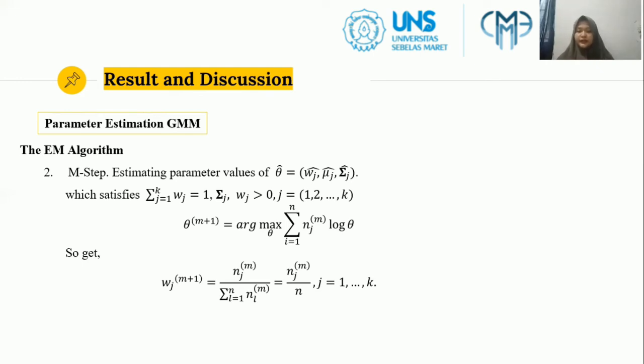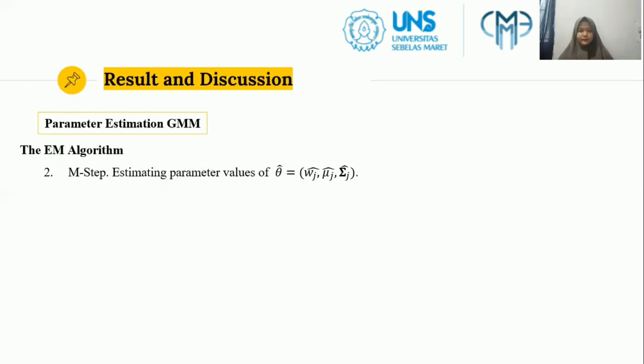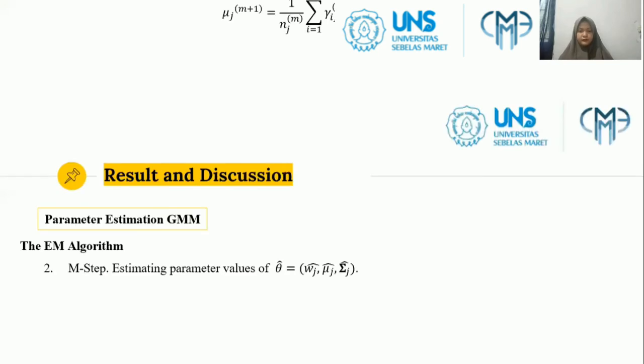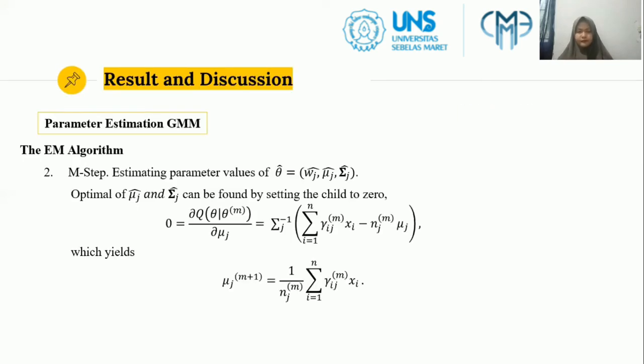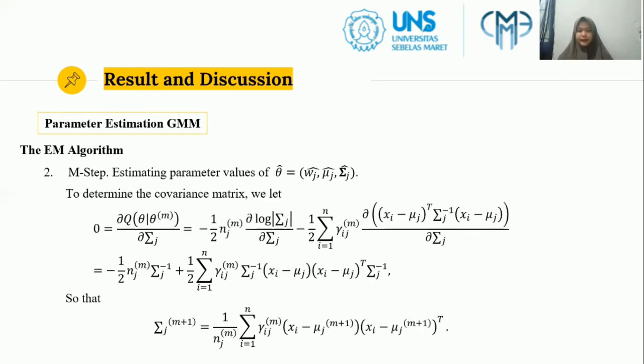So we can get the estimate of weight like this. To find the estimates of mu g and sigma g, the optimum can be found by setting the derivative to 0, like this. And the covariance matrix sigma g, we can get like this.